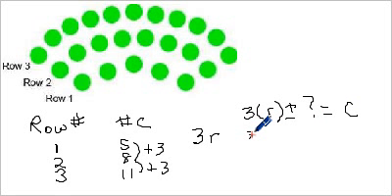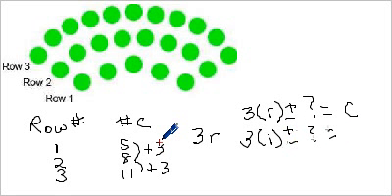So 3 times 1, what would we need to add or subtract to get 5? So 3 plus or minus something equals 5. 3 plus 2 equals 5.